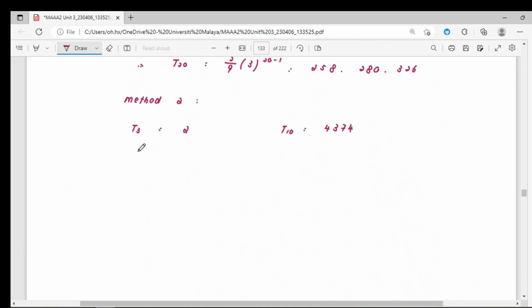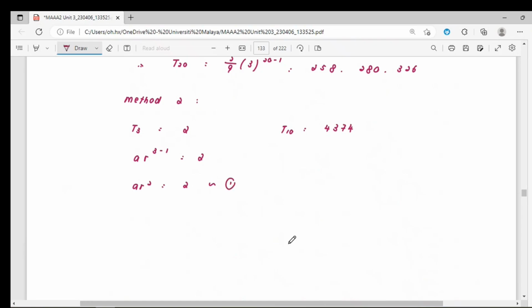For T3, I don't have my A and I don't have my R, so I leave them as unknown variables. A multiplied by R power what? I'm finding T3, so that's 3 minus 1. So A R power 2 equals 2, and that's the first equation.